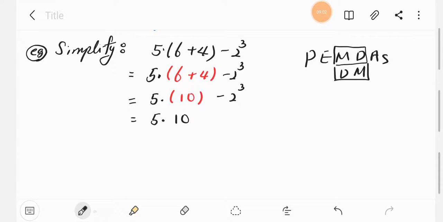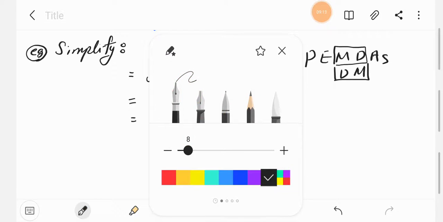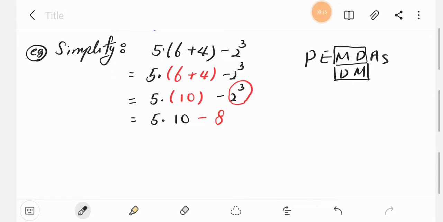And then next is what? Exponential form. We have an exponential form, right? So simplify that one. Then there will be 8. Okay, next. So we just get rid of the parentheses and exponential form. Then what we have is multiplication and subtraction. So next step is multiplication first, right? 5 times 10 first.